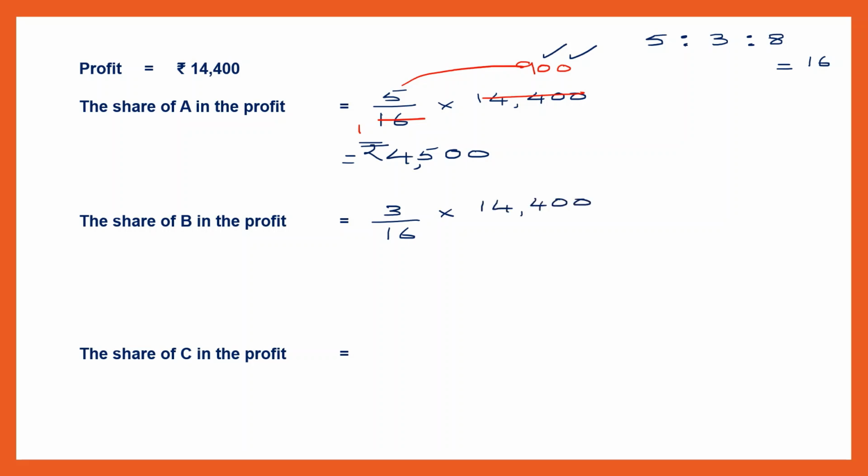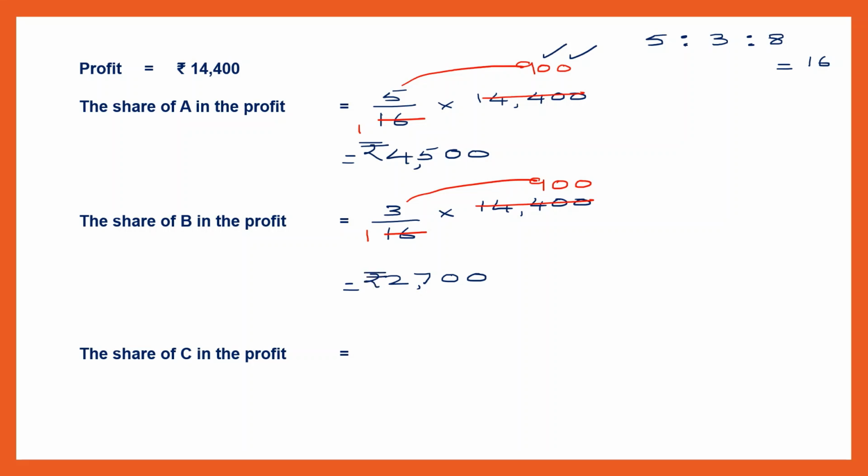Since the cancelling has already been done in the first part, we just have to do the same thing here. 16 into 900 is 14,400. Now let's multiply the numerators. 3 into 900. Let's first do 3 into 9. 3 nines are 27 and then add the two zeros. So we get 2,700 rupees.